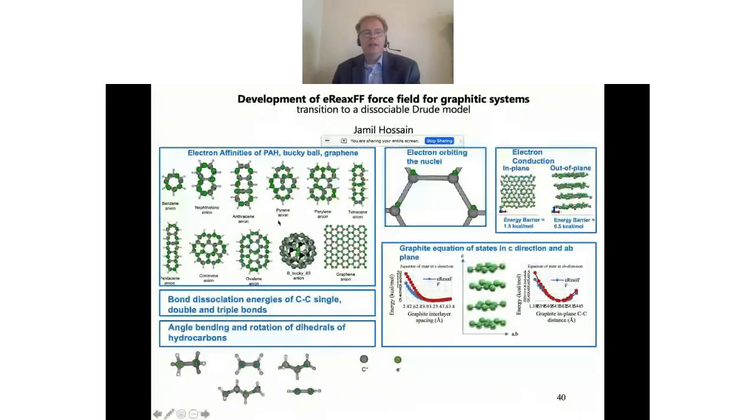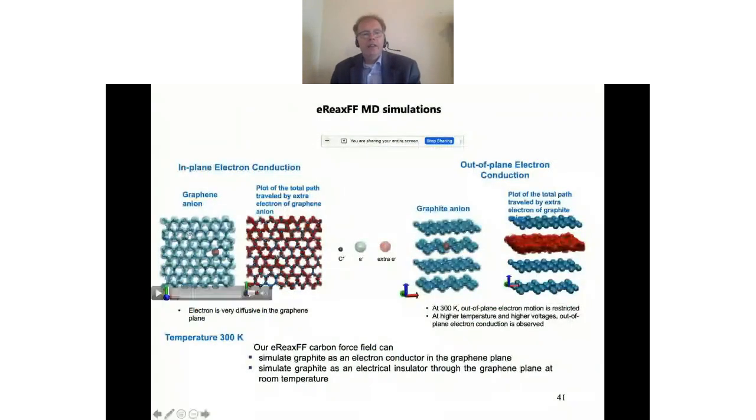We trained this against a wide range of data, including in-plane and out-of-plane conduction for graphene, equations of state, and a wide range of curved and non-curved hydrocarbons. Then we tested it on a graphene anion, where all the electrons are the same, but we just give the location of one electron, indicating that these electrons are highly mobile, and over time they spread around over the entire graphene lattice.